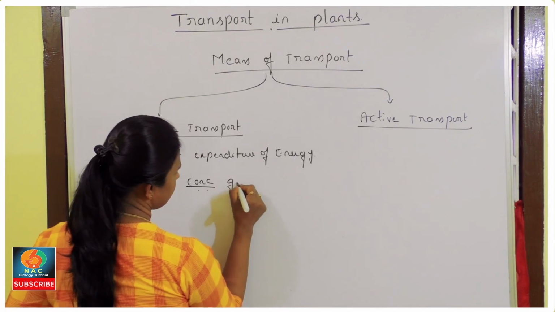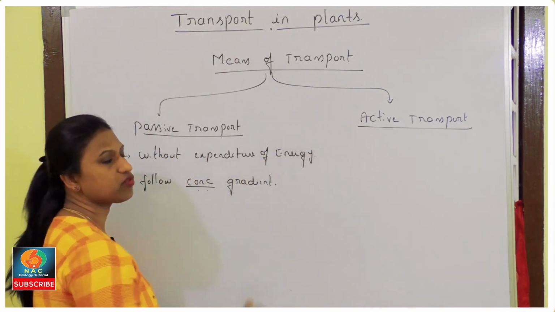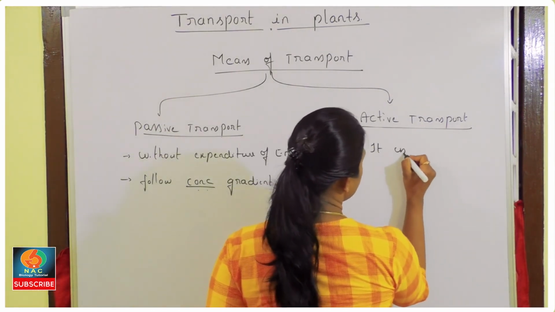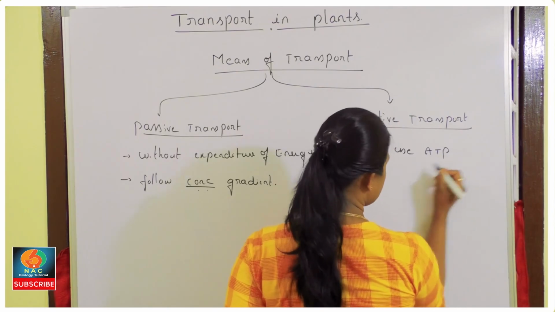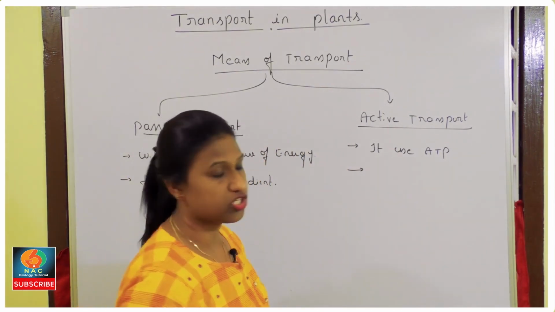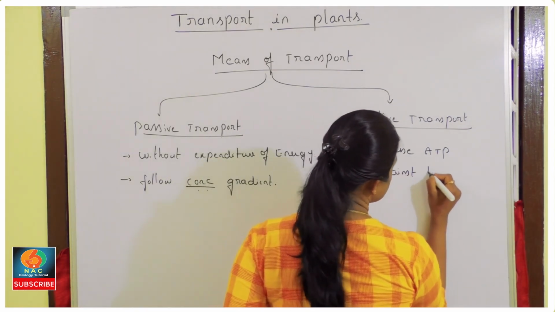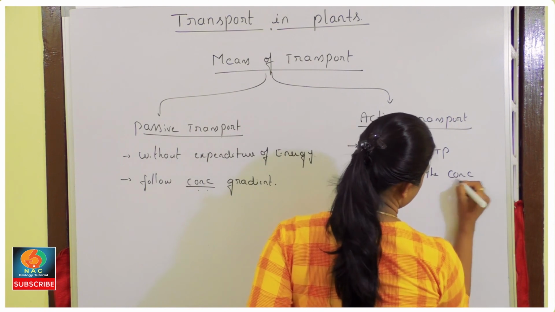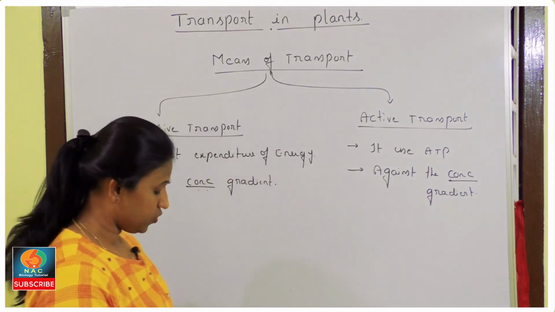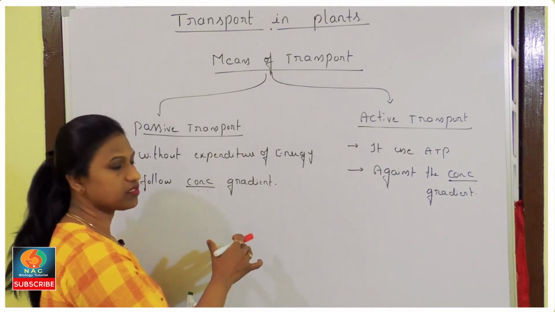And here in the active transport, it is dead opposite to this. That means here it uses ATP, that is energy expenditure takes place, and they move against the concentration gradient. You will come to understand the meaning of these terms once we start explaining them one by one.